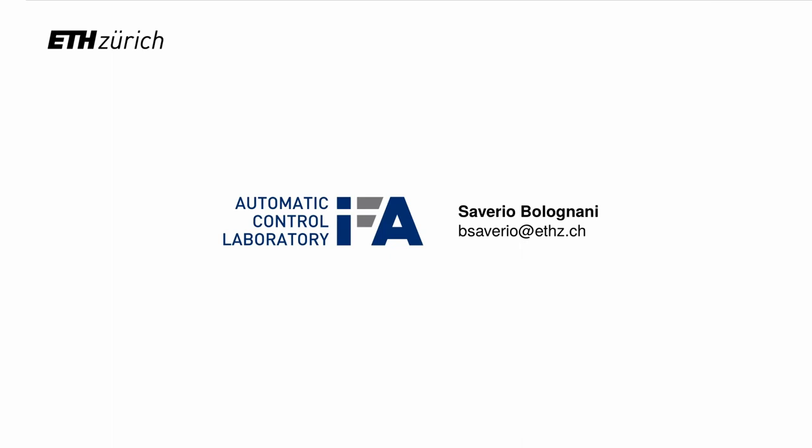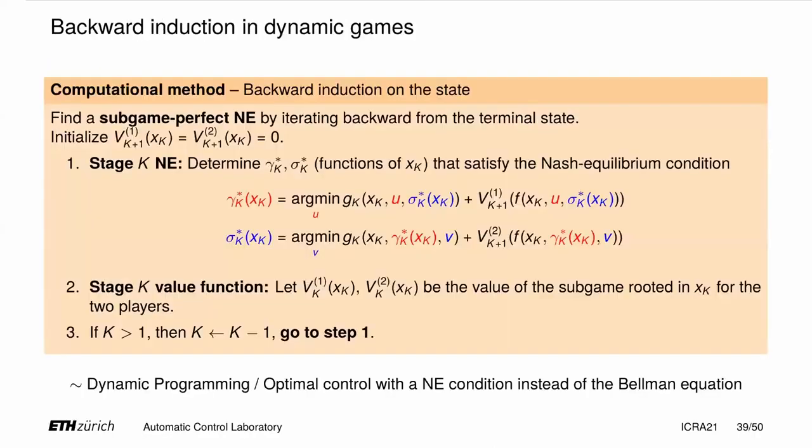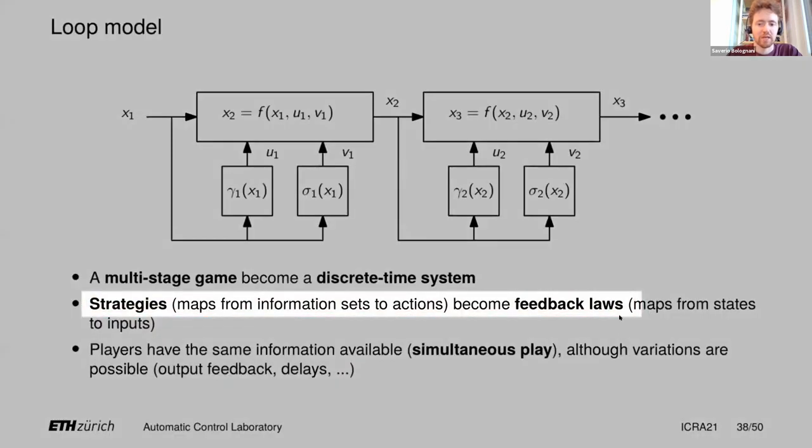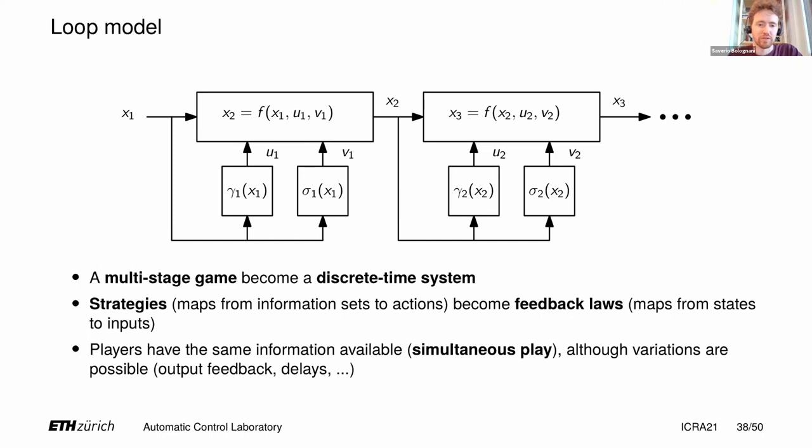Okay, then the second one. How is the loop model different from an MDP, besides having multiple agents? It is basically that. There is one thing that I haven't covered here, and in fact, you can see it when I say that strategies are maps and they become feedback laws. Well, strategies could also be random.